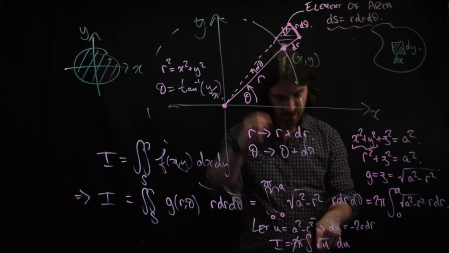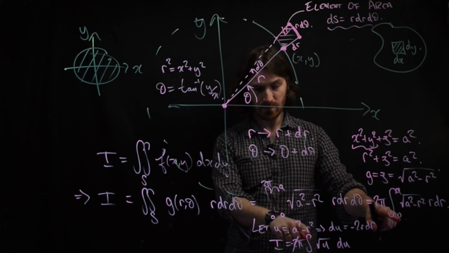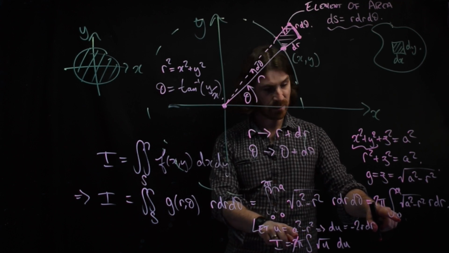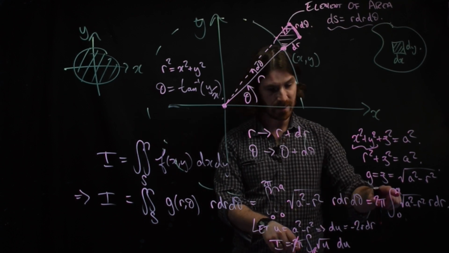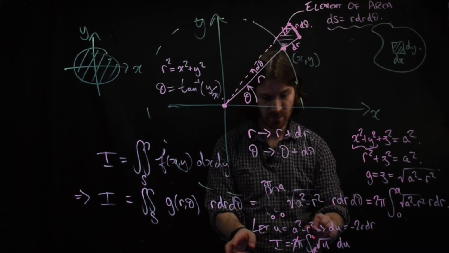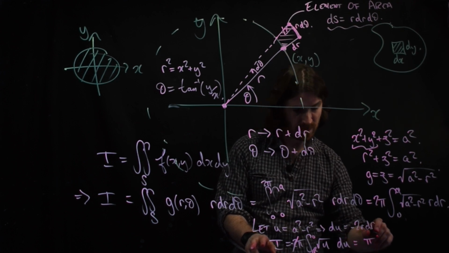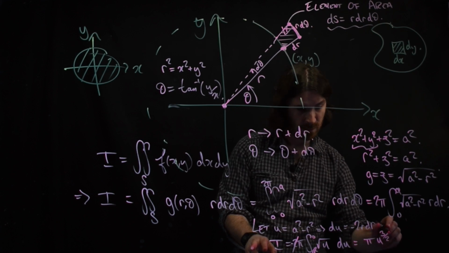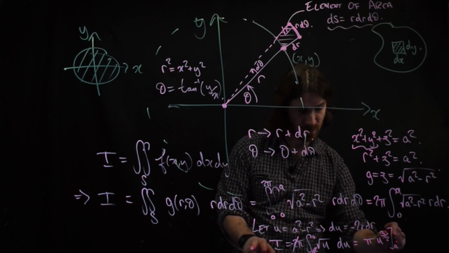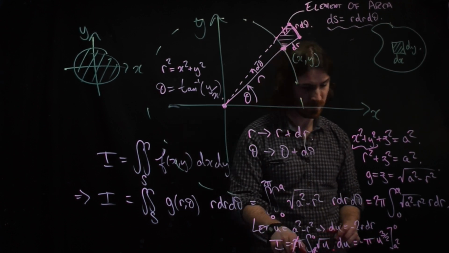And we have to think about the limits. When r is 0, u is equal to a squared, and when r is a, u is equal to 0. So this is pi times u to the 3 over 2 evaluated at a squared and 0, and there's a minus sign at the front.